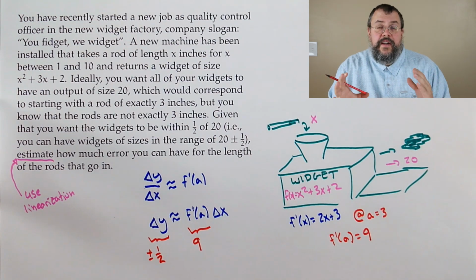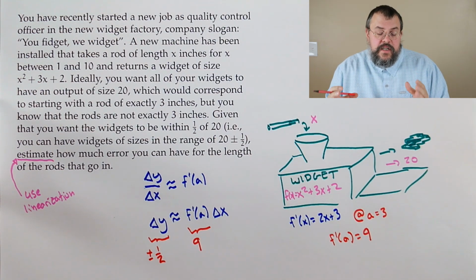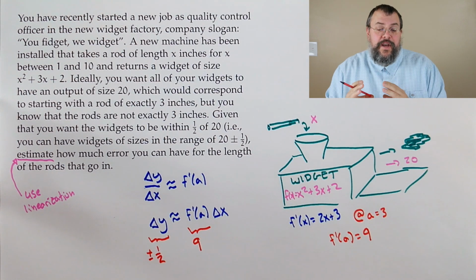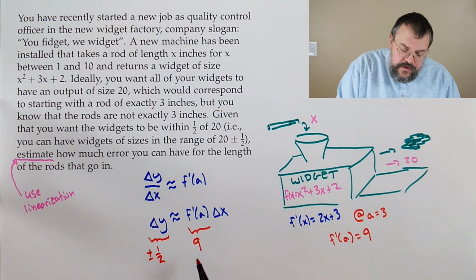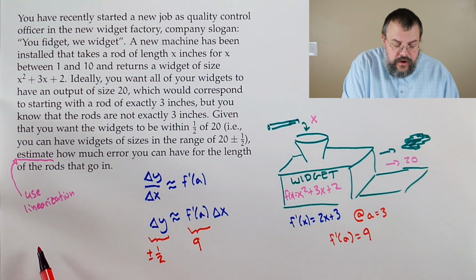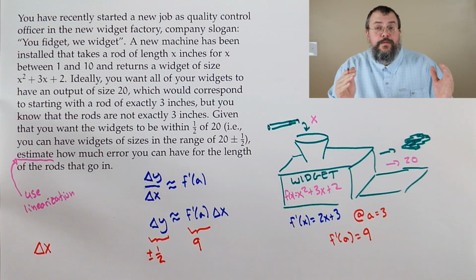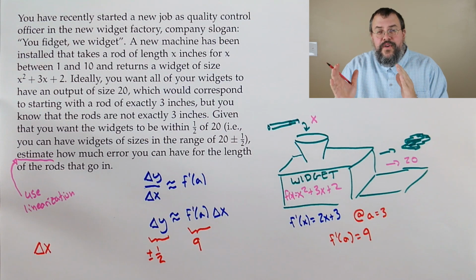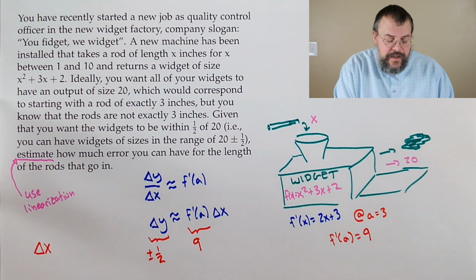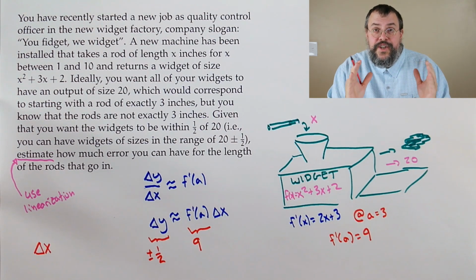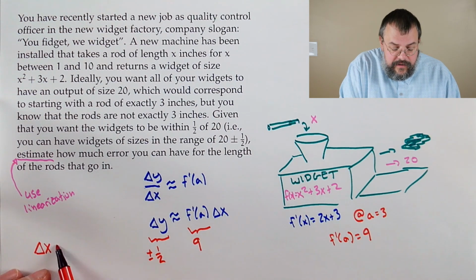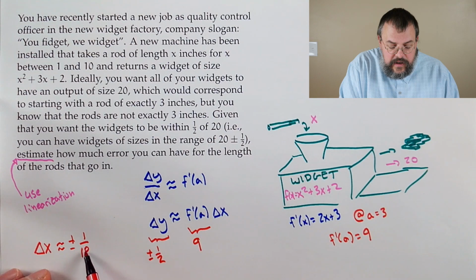So plus or minus a half is approximately 9 times how much change in our input we have. Move the change in input across. So that says that our change in our input, which is how much we are allowed to change our x, is approximately plus or minus 1 over 18.